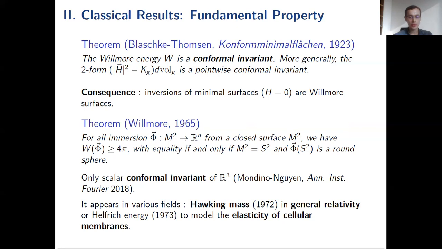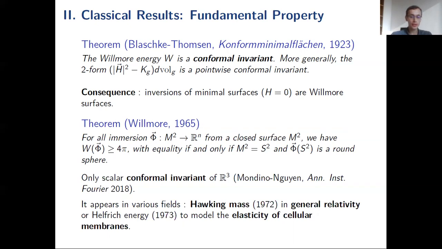And it appears in various fields, for example the Hawking mass in general relativity. So the Hawking mass is basically, up to a constant, the square root of the area times 1 minus 1 over 4 pi times the Willmore energy. So in R^n, it would always be negative. But if you have a curved space, in fact, if you take this Hawking mass of large spheres, it will converge to the ADM mass, which is well known in mathematical general relativity.